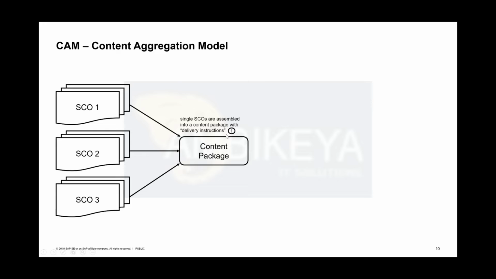And that's all part of that package. The IMS manifest file provides those delivery instructions, and the physical files as such are the package as such. The learning management system delivers those SCOs based on the instructions provided.